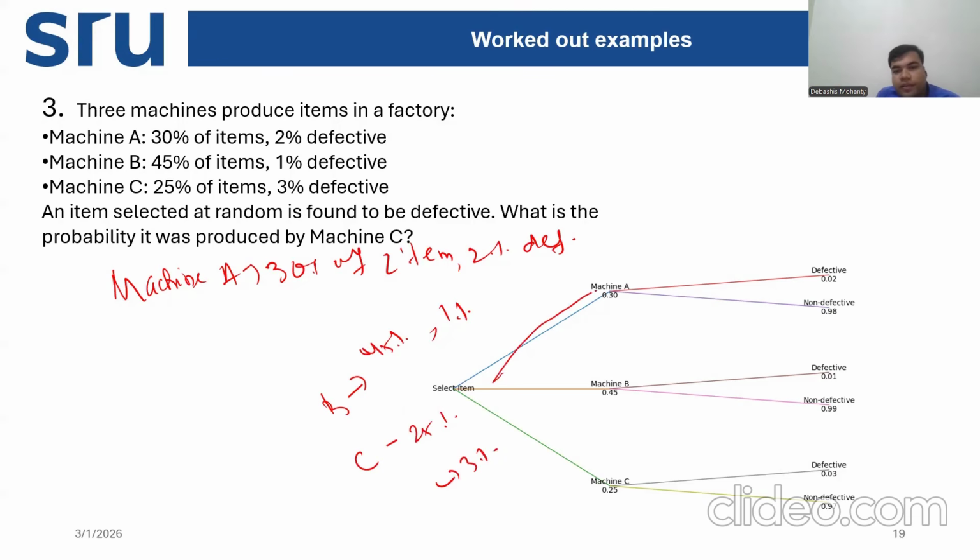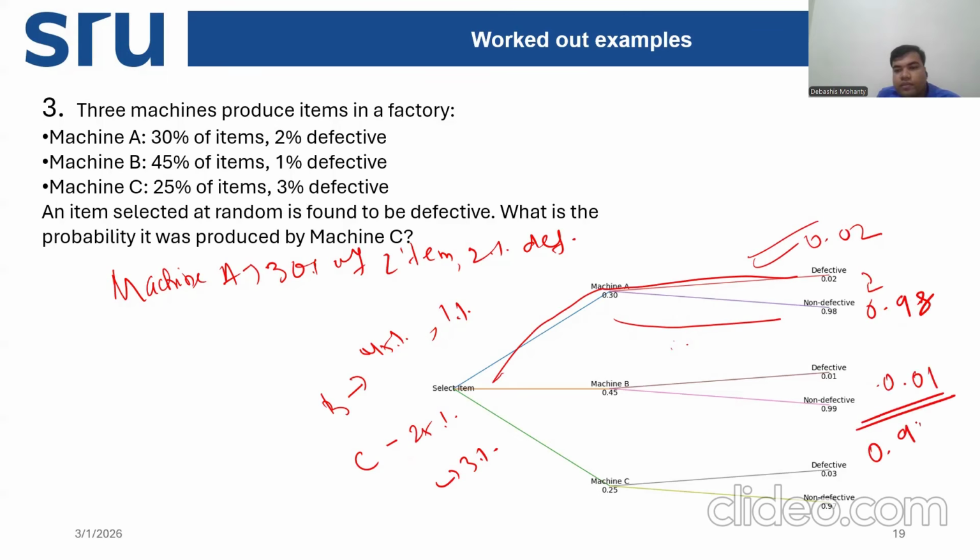So here is the complete scenario: machine A is 0.3, for defective it is 0.02, for non-defective it is 0.98. Similarly, machine B is 0.01 for defective, and non-defective is 0.99, deducting from 1.